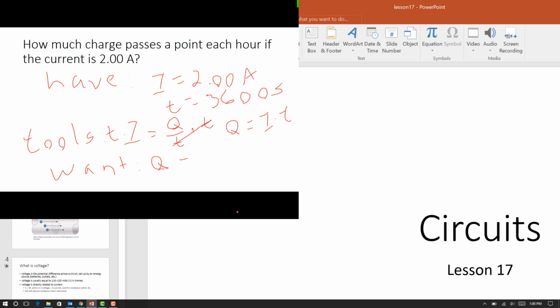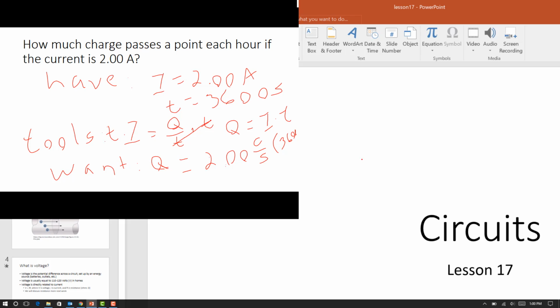And so Q is equal to I, which is 2.00 amps. Now let's change amps into what those units actually mean. What is 1 amp? C over S. And then we're going to multiply this by 3,600 seconds.